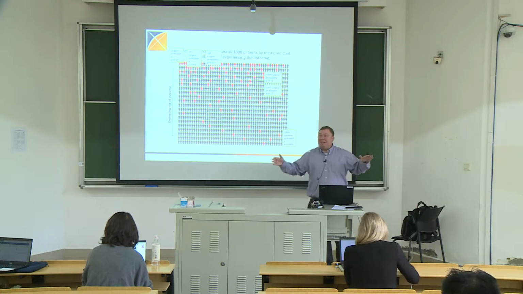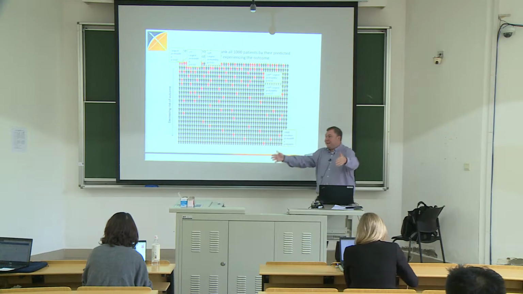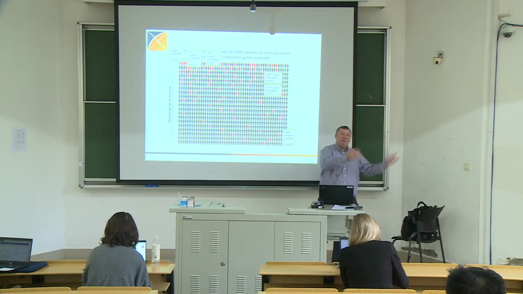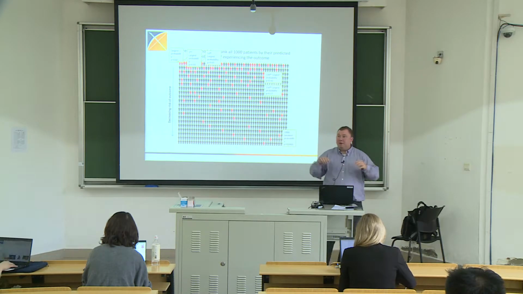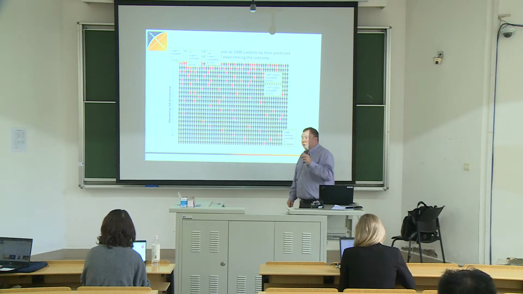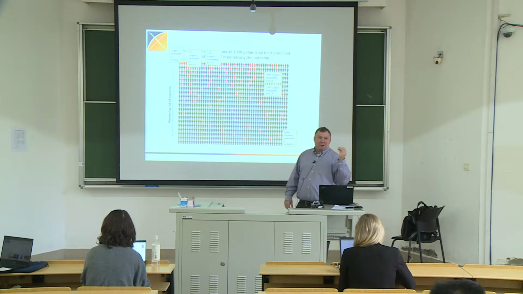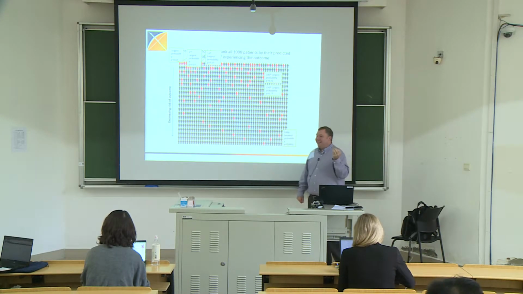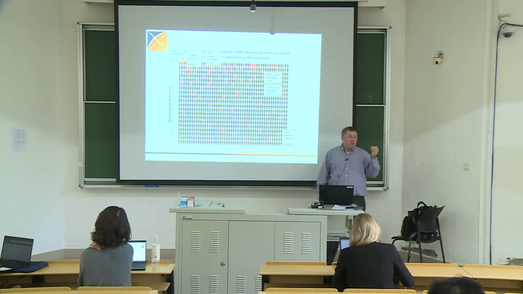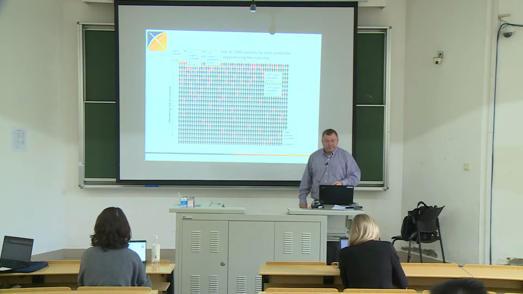Because if we do nothing, we have to treat everybody the same way. Whether that's treating everybody or treating nobody, we have to treat everybody the same. So long as we can prove that we can produce a prediction model that's just a little bit better than random guessing, then we are improving the way that we can treat patients.